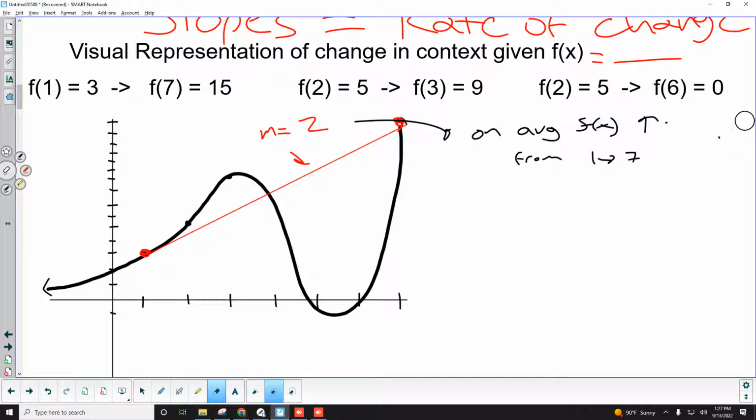And instead of saying from 1 to 7, I'll just use interval notation. So I'm going to say 2 y's per x from 1 to 7.